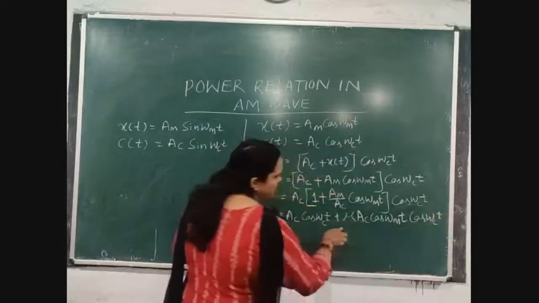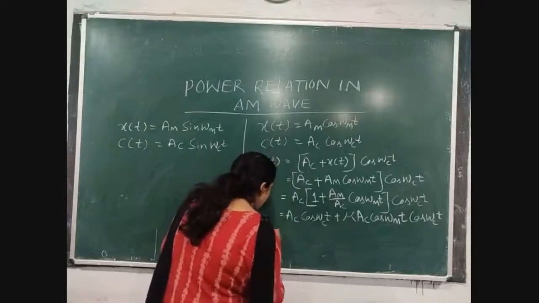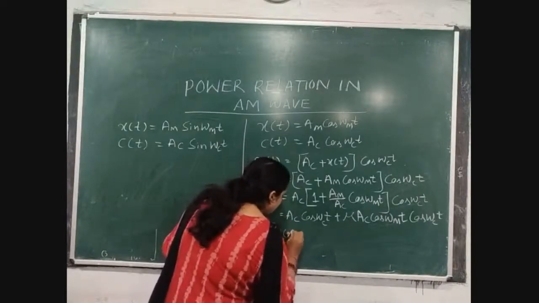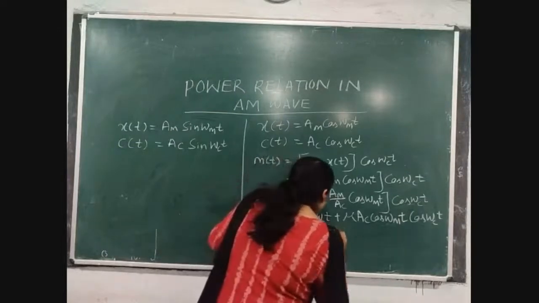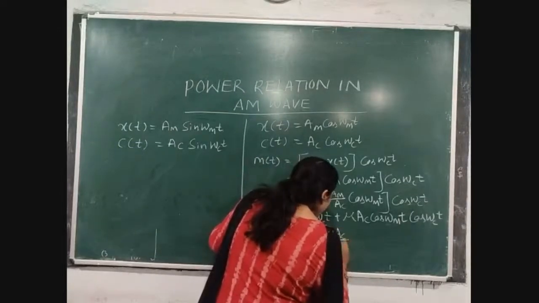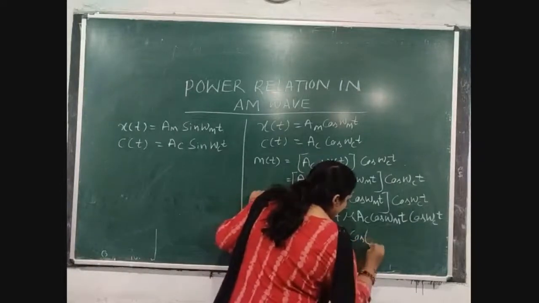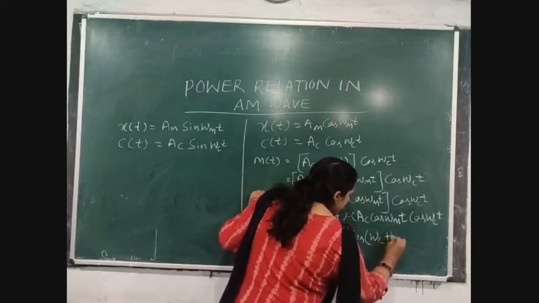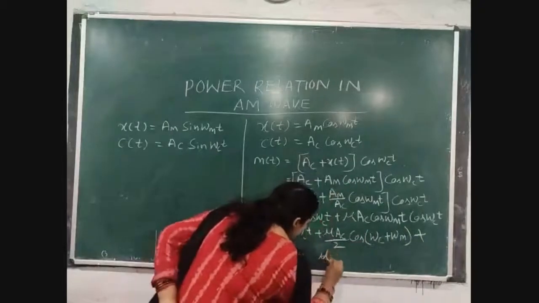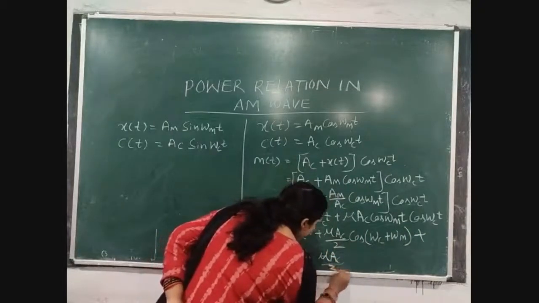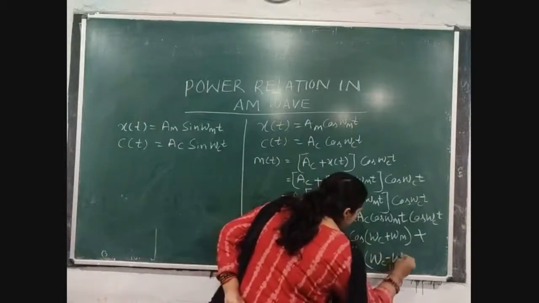Then we simplify this term and we get Ac cos omega ct plus mu Ac by 2 cos omega c plus omega m, plus mu Ac by 2 cos omega c minus omega m.